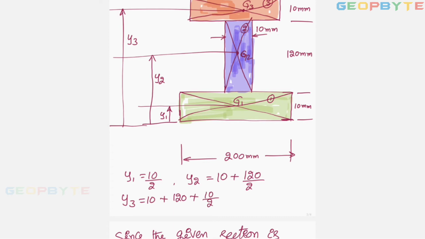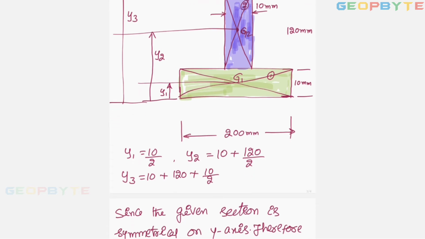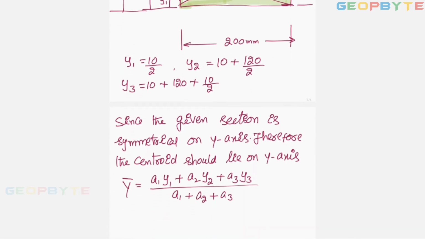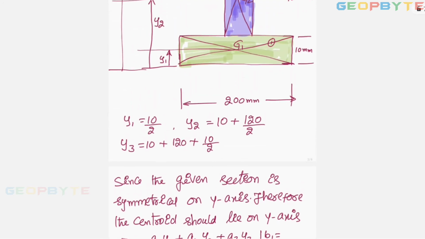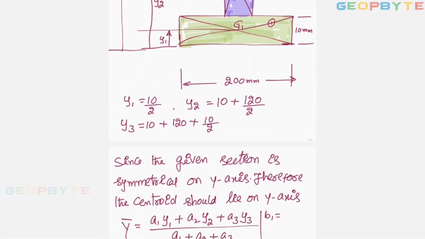You know y1, y2, y3, and a1, a2, a3 are to be found. For that, let us write b1 equal to, for section 1, width equal to 200 mm, d1 equal to 10 mm.